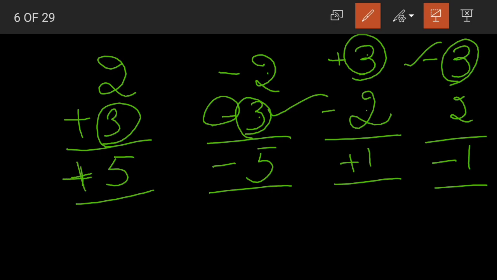I have explained this with all the four scenarios, right? In case of two positive integers, two negative integers, and a positive and a negative integer. Clear? You simply remember this. When we add or subtract, we give the sign of the higher absolute value number to the result.